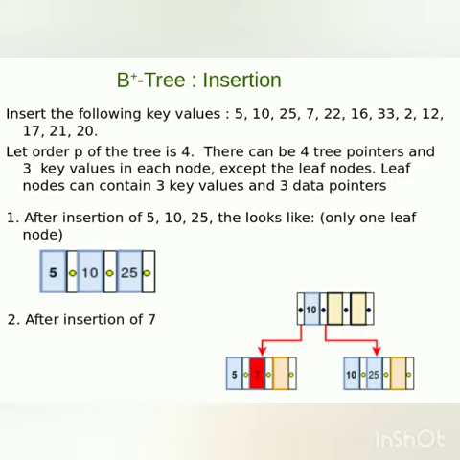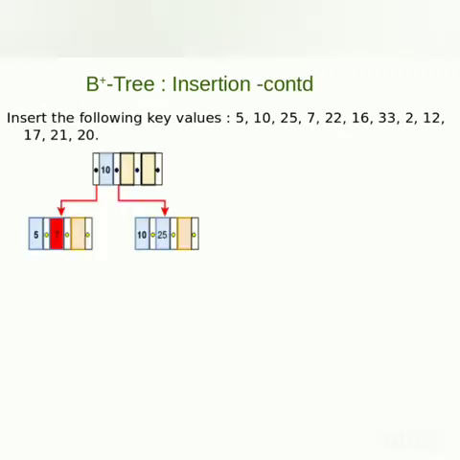And what is the next value to be inserted? Here the structure is like this. Insert 22. When 22 is inserted, you have to search in the tree and find the appropriate place. 22 is greater than 10, so we take this path and reach this particular node.